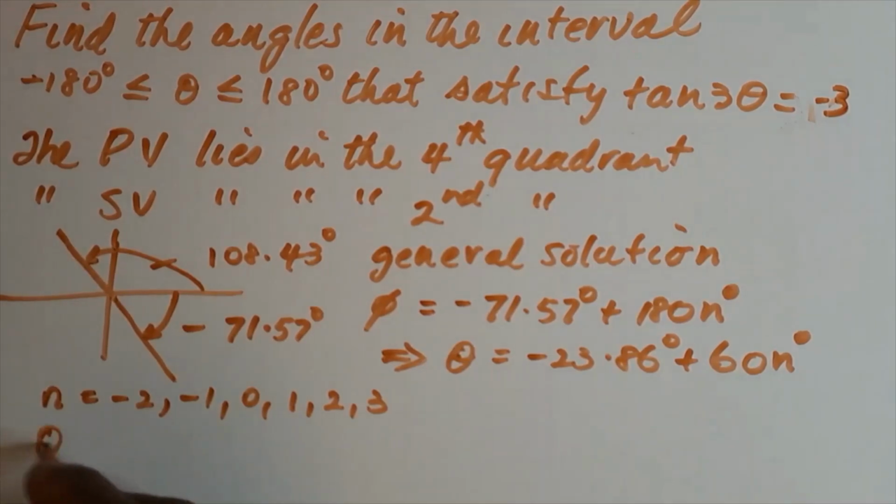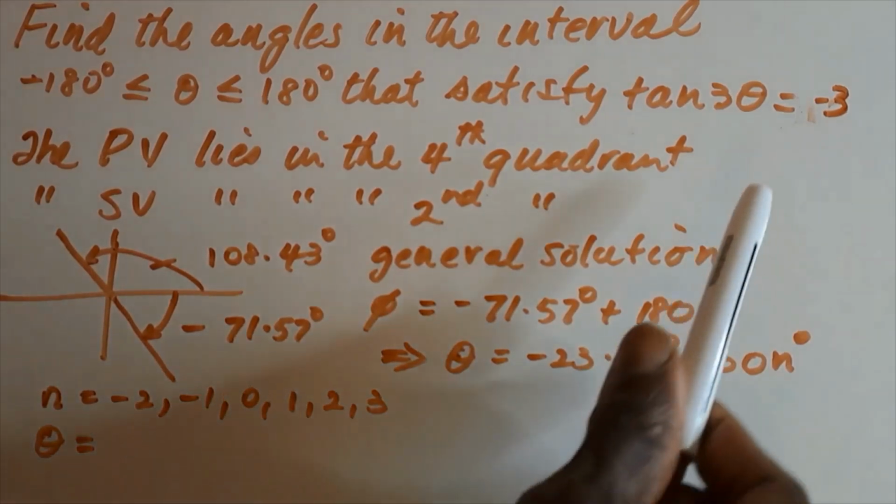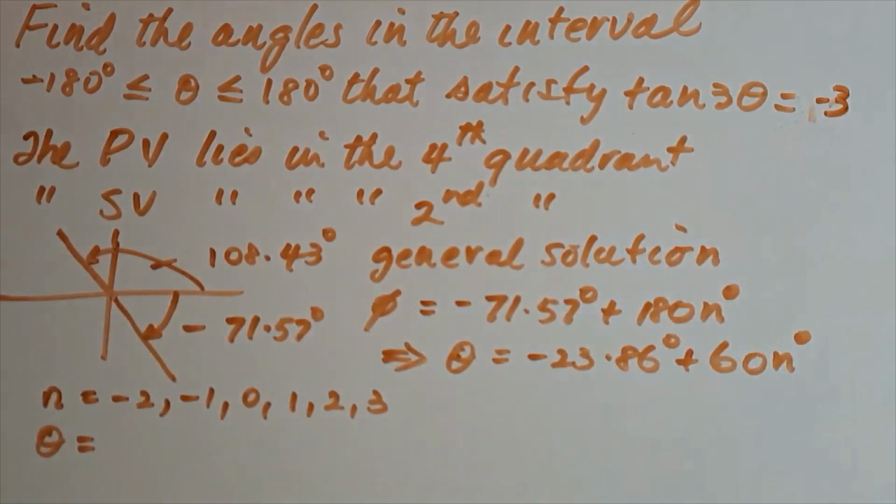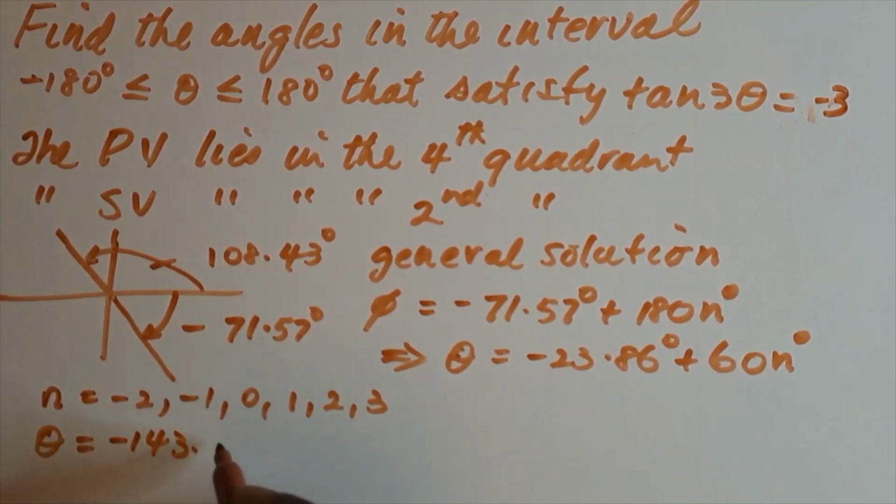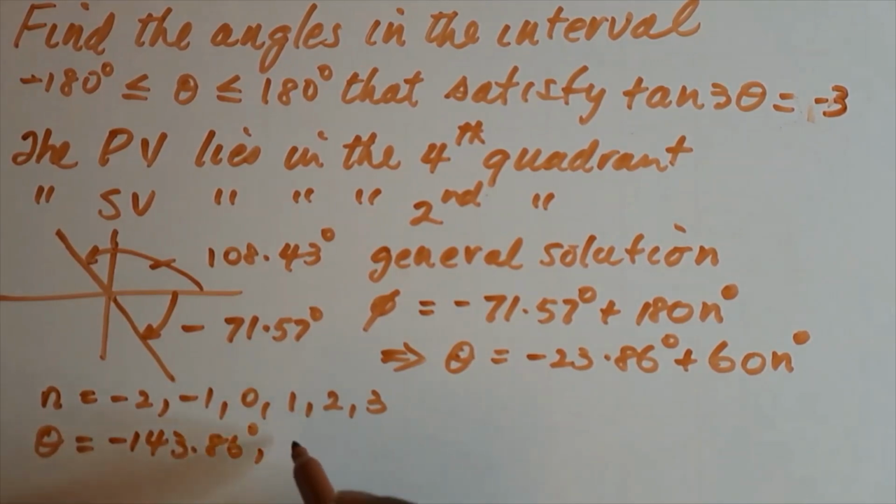I've calculated values for theta, and you can check these by substituting for theta in the equation tan 3 theta is equal to negative 3, and you should get approximately negative 3 for each value of theta. So the first one that satisfies the equation is minus 143.86 degrees.